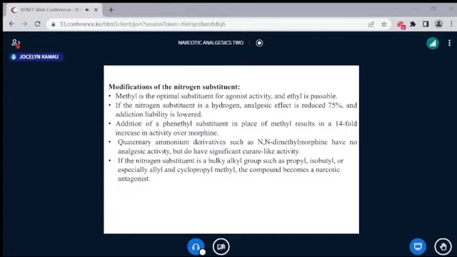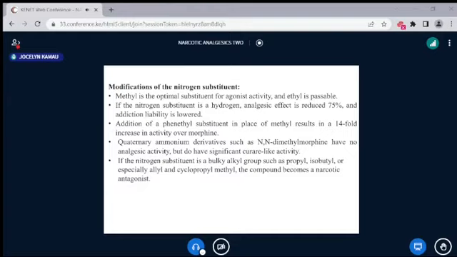If you increase beyond 3 to 5, remember, that will give you an antagonistic activity. If the nitrogen substituent is a hydrogen, analgesic effect is reduced. And of course, addiction ability is also lowered, as we've already discussed. And these are the nor derivatives. Again, when you remove the methyl group, you decrease lipid solubility, and therefore you decrease activity.